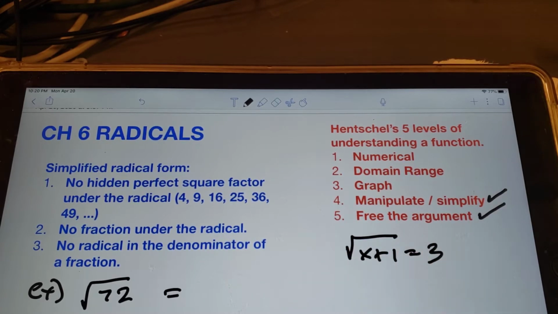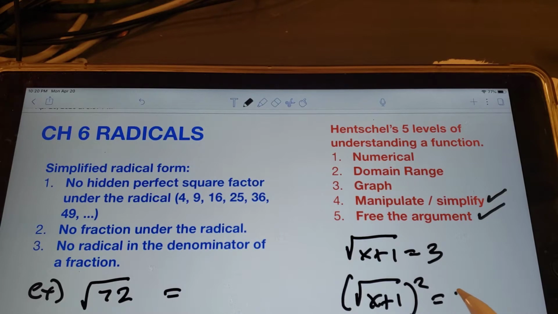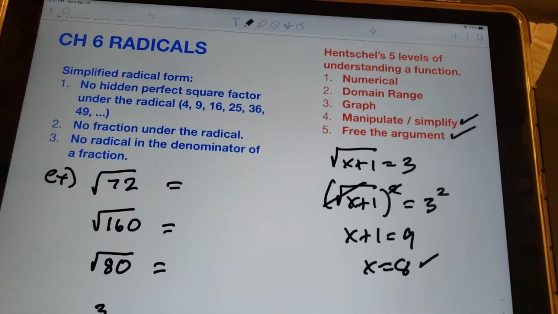And the way we get rid of the radical, of course, is squaring both sides. And that's the art, I suppose, of freeing the argument. We've canceled the square root. And you have to understand square root fairly well to follow along with all of that.